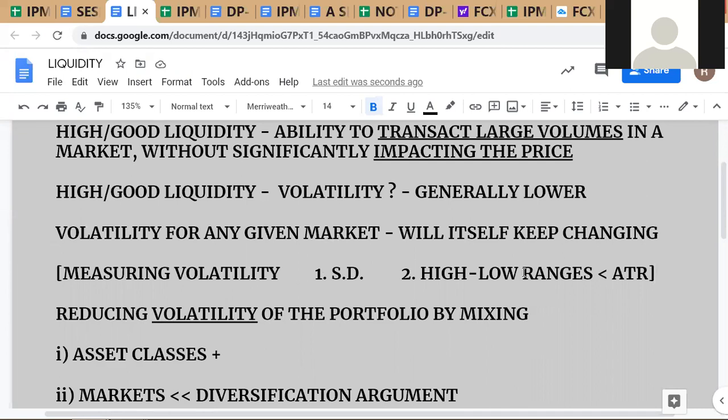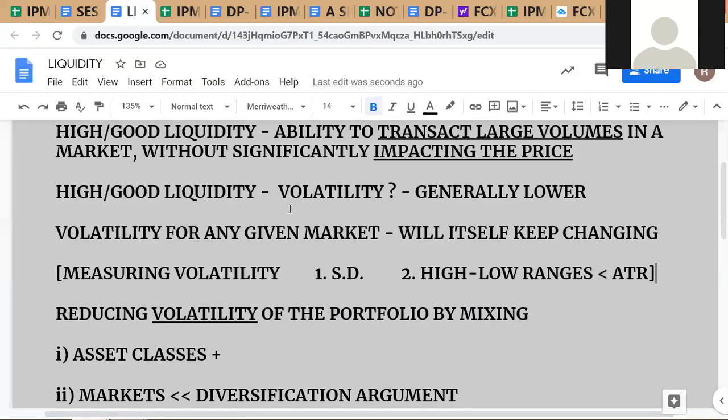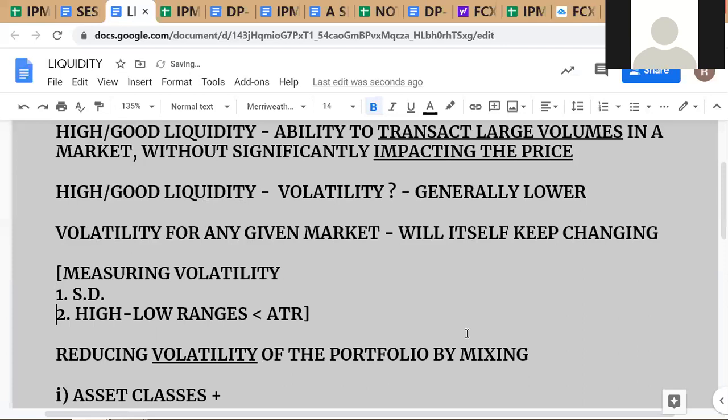So this high-low range is the daily high-low range, and you average it, and then you have the average true range. You have learned this concept of trading range. So it's high-low volatility. This we call close to close volatility. SD-based volatility we call close to close volatility, because we use closing prices.